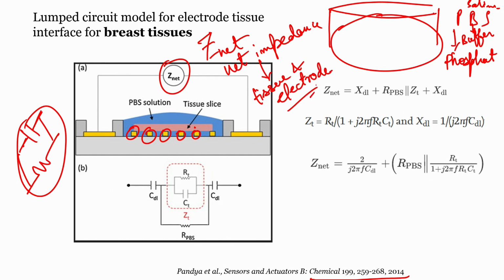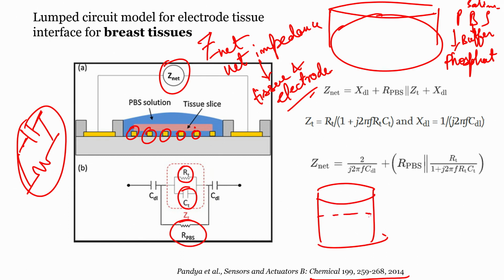So let us begin with tissue. Tissue will contain a resistive element, extracellular matrix, and bilipid bilayer membrane that offers capacitive behavior. Apart from that, the PBS in which this entire tissue is placed will provide another resistance. Now if you can see here, this PBS surrounds the tissue, like you can imagine it to be a well.